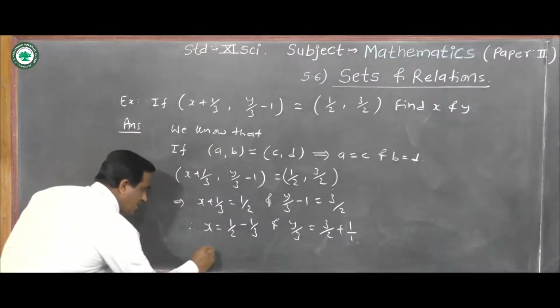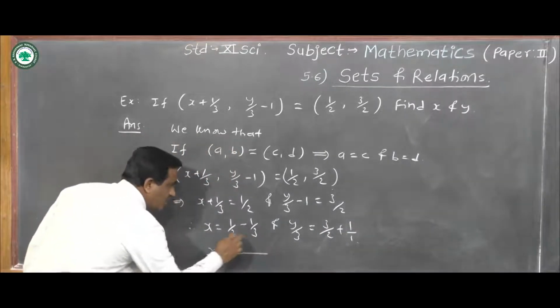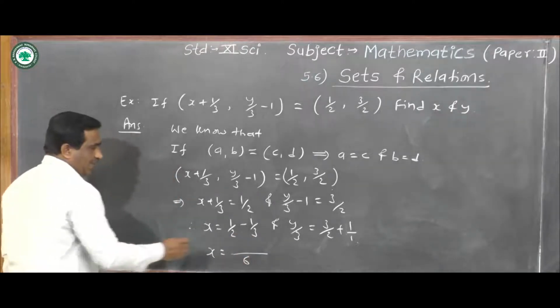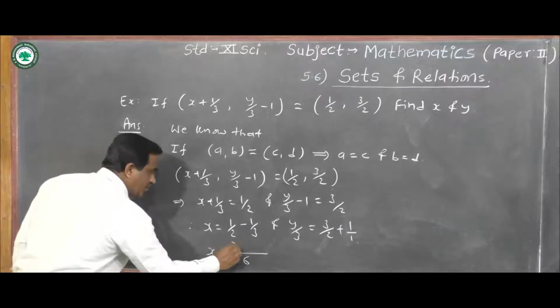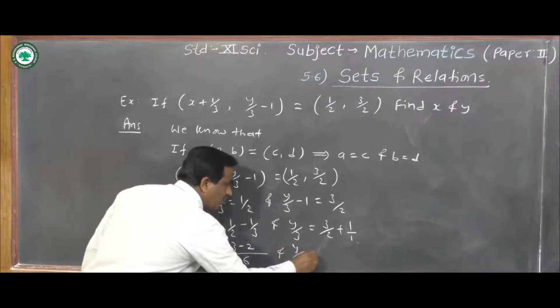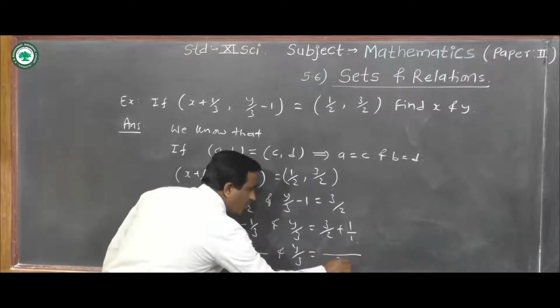That is, we can write here x is equal to, take addition of these two terms, product of denominators, add denominators, and take cross product at numerator, 3 minus 2. Here also y by 3 is equal to product of denominators, cross product 3 plus 2.